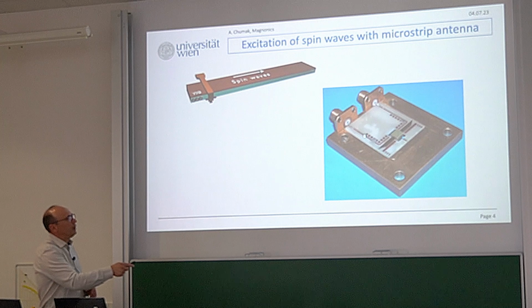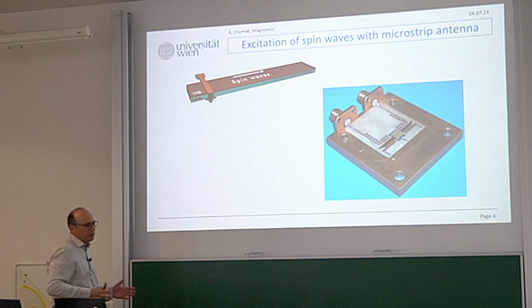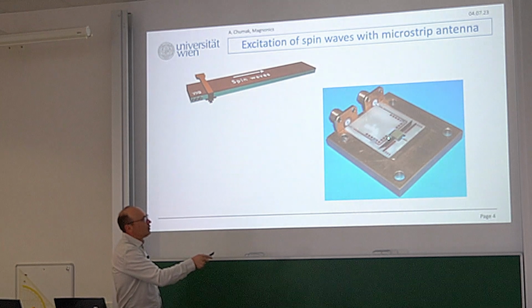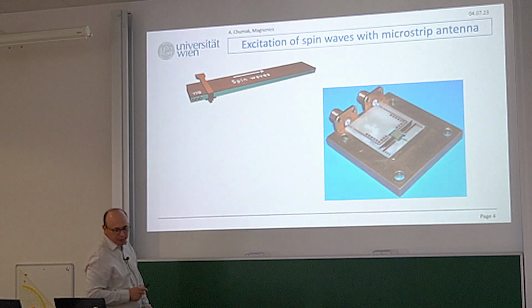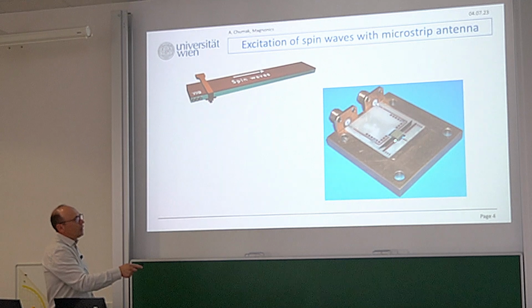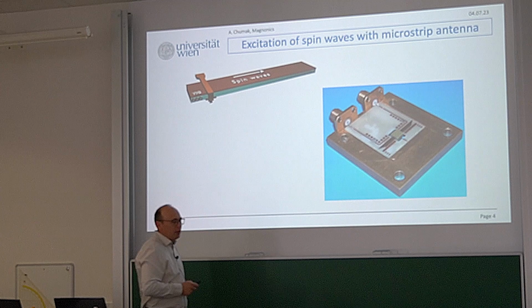Therefore, what we do nowadays is narrow down this part of the microstrip line simply to make an impedance conversion from 50 ohm to some characteristic impedance of the antenna. What's also very important here is that on the other side it should be short-circuited. There are two ways people do the short circuit.